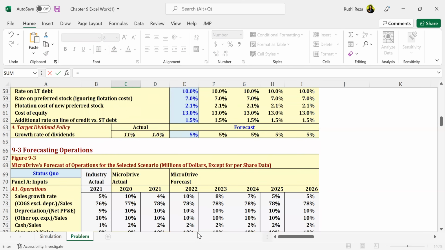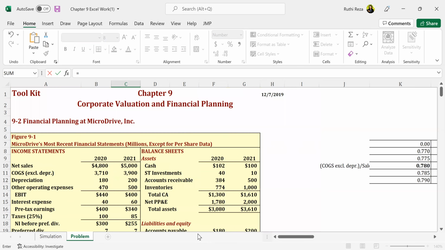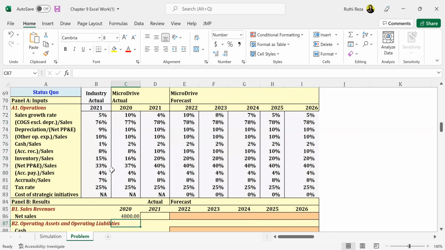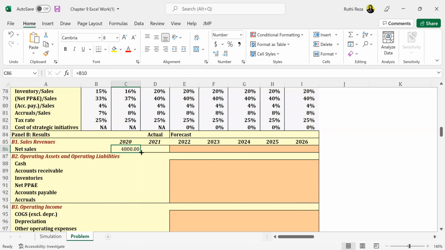First, let us copy our net sales from the previous financial statements. Also, let us copy our cash, accounts receivable, inventories, net PPE, accounts payable, and accruals from the current financial statement.